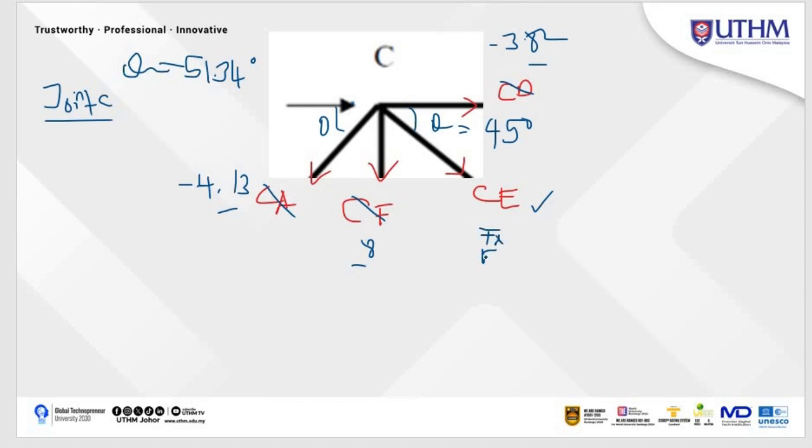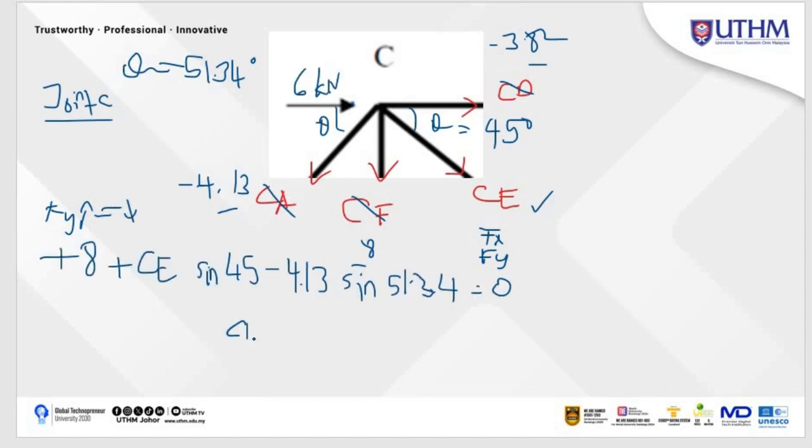We can start with Fx, or we also can start with Fy. If we choose Fy, upward equals downward, so here we have CE is 6.75 kilonewton, in compression because of the negative value.